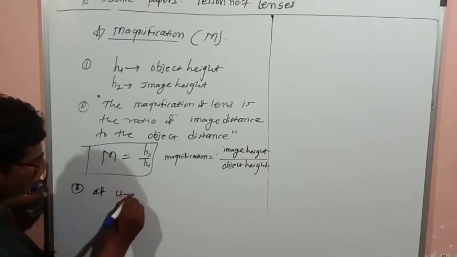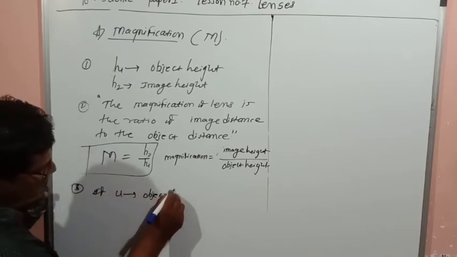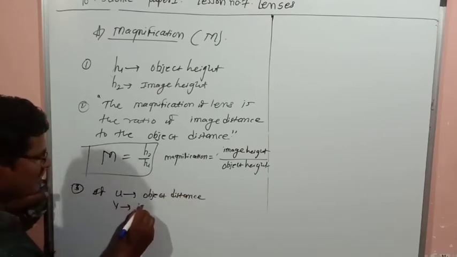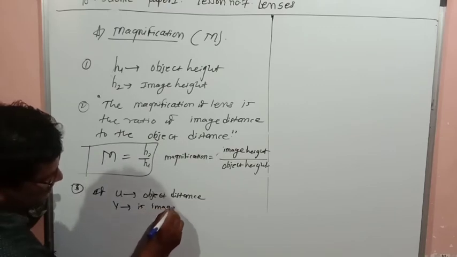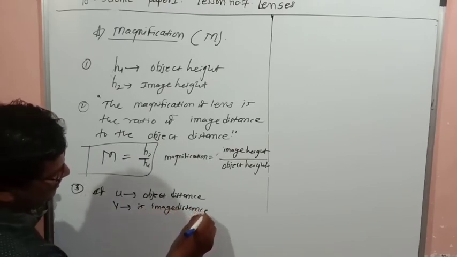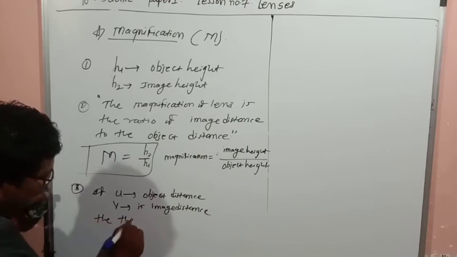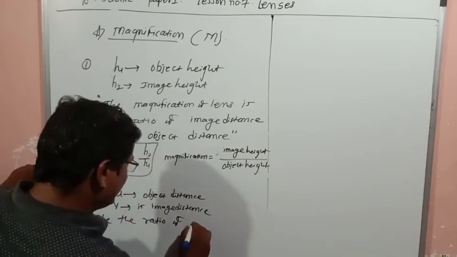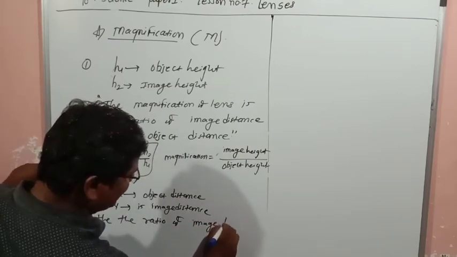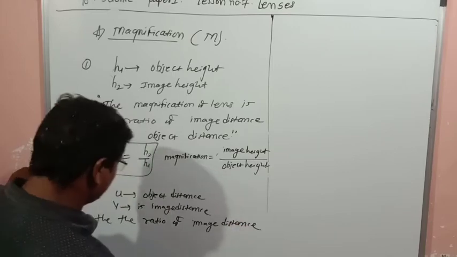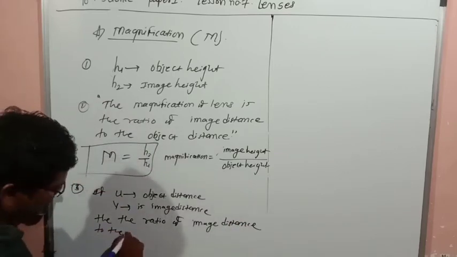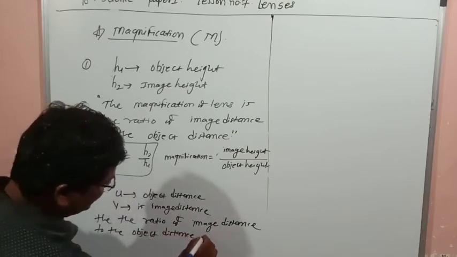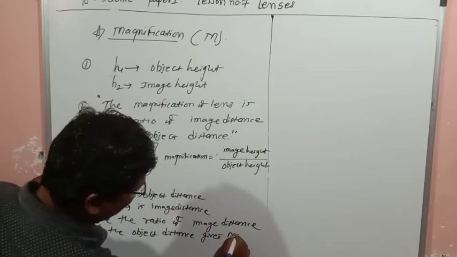If u is object distance, v is image distance, then the ratio of image distance to the object distance gives the magnification of lens.